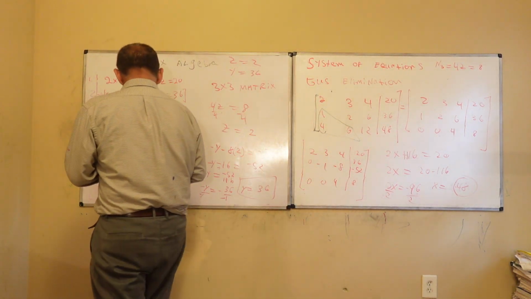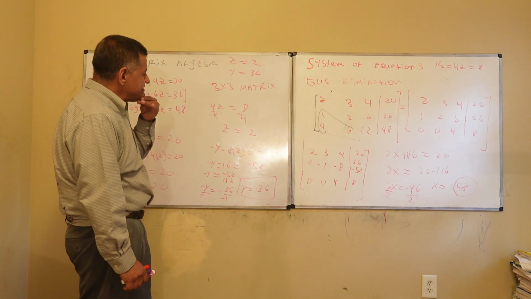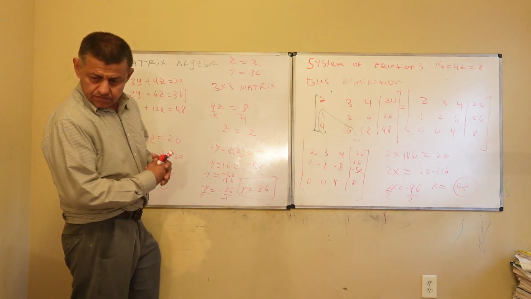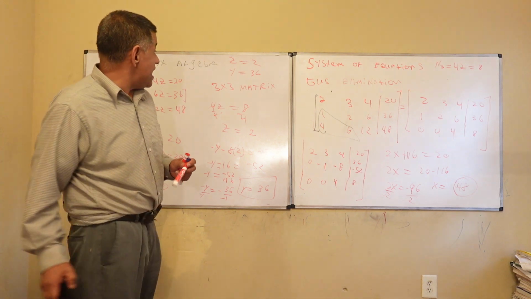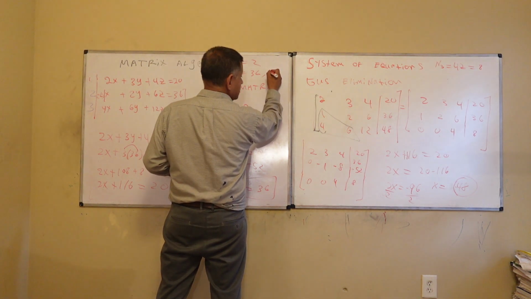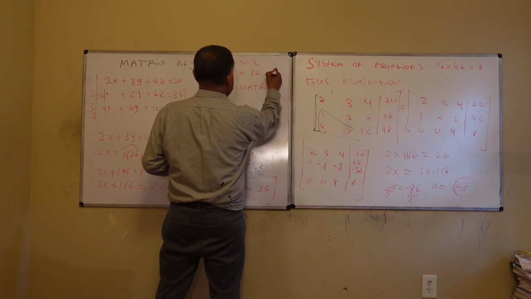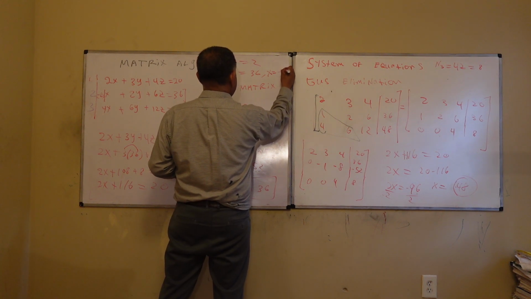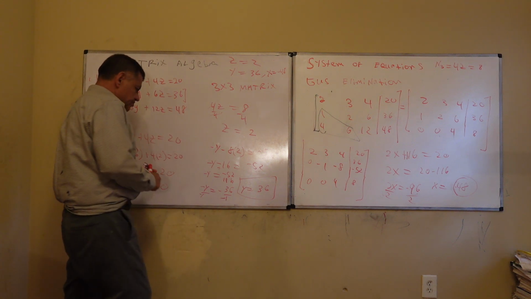Okay, so once you get that, now let's plug it in and see whether I made a mistake or not. So now I am claiming that x is equal to negative 48.